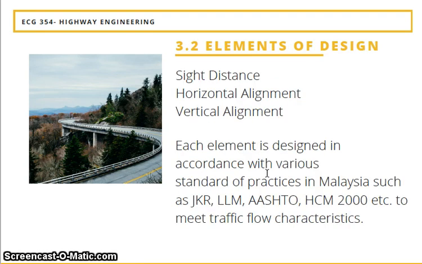Next, the elements of the design. What are the elements that we consider in the design? First of all, we are going to look at the sight distance, then horizontal alignment and after that vertical alignment.